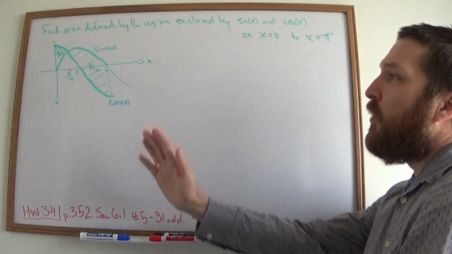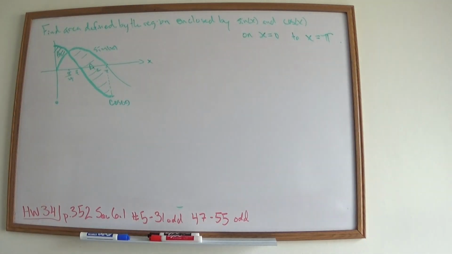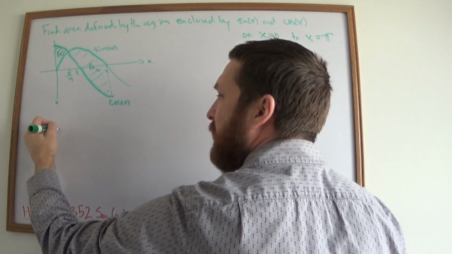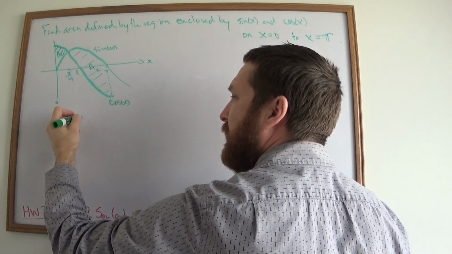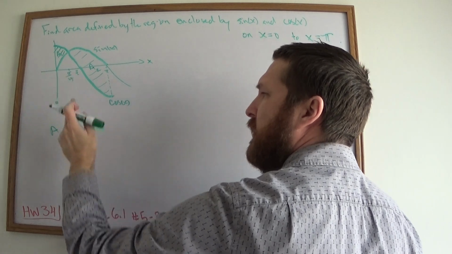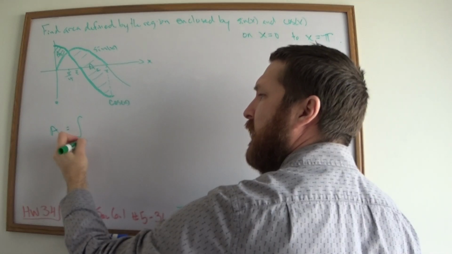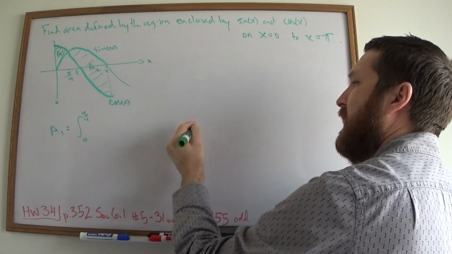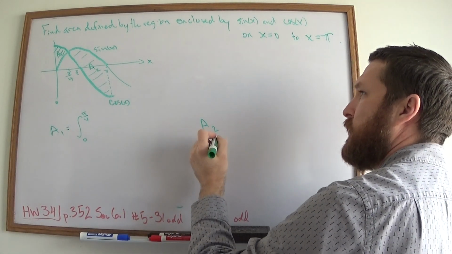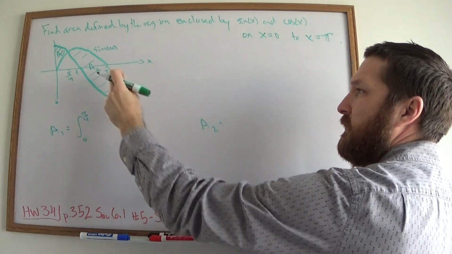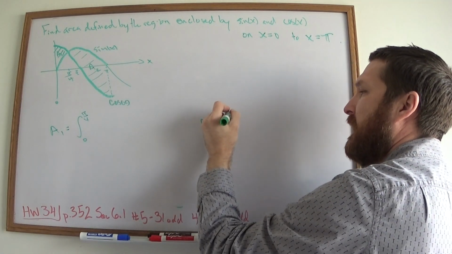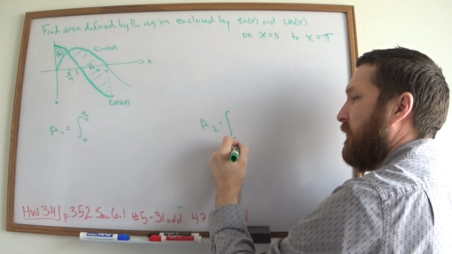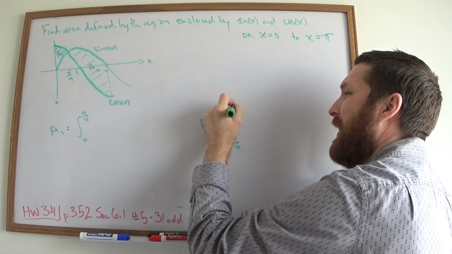So we're going to split this up into two different integrals. Area 1 is given by an integral from 0 to pi over 4, and then we'll figure out what we put there. Area 2 is given by the integral from pi over 4 up to pi.